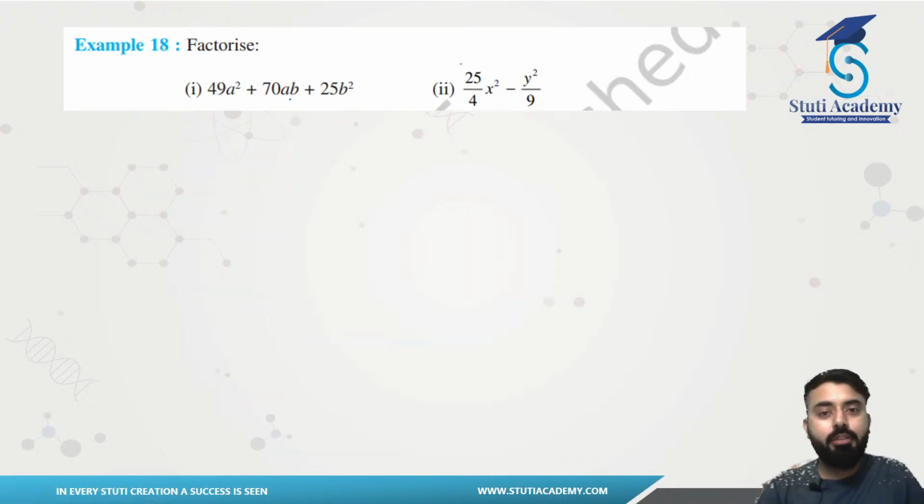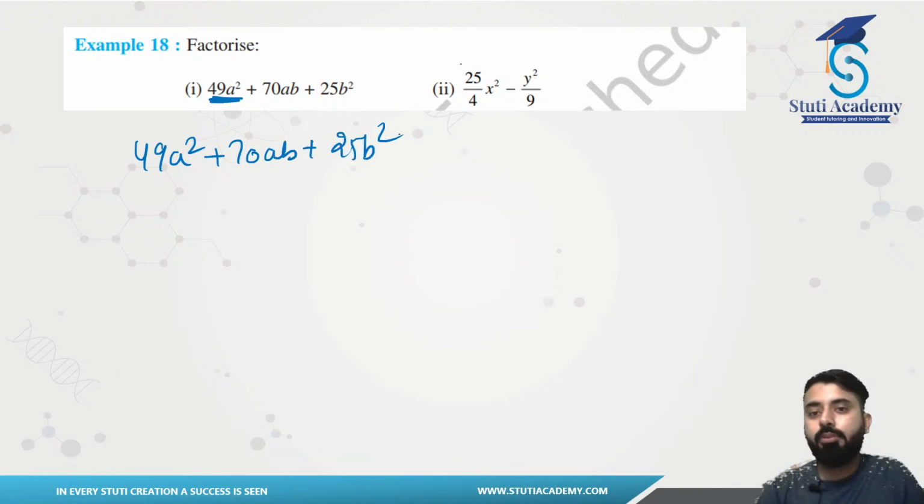Now you guys see, we have this one, 49a square plus 70ab plus 25b square. Can I write 49 like this, (7a) whole square? Obviously I can, because square of 7 is 49 and square of a is a square. Can this be (5b) square?